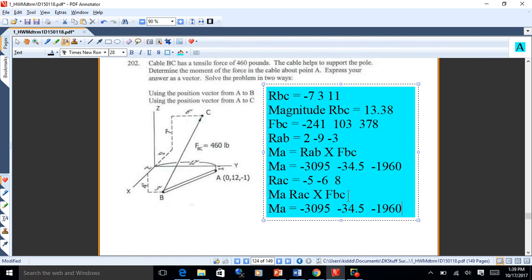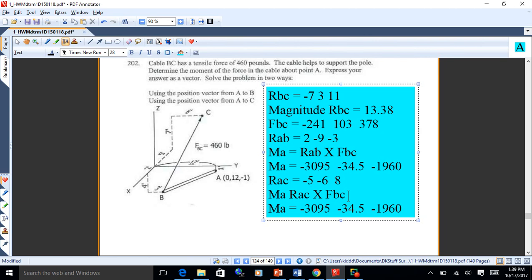So those are the steps for finding a moment about A. Find the force vector BC, cross it with the position vector from A to B or A to C. Just be sure that you know those steps and can apply them.